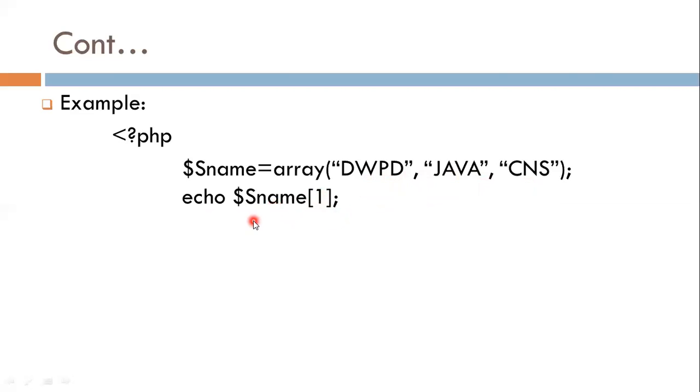And here I write echo statement with $sname in brackets 1. That means index 1. So at index 1, the subject name is Java. So output of this script is Java. Echo statement prints the value of subject with index 1.